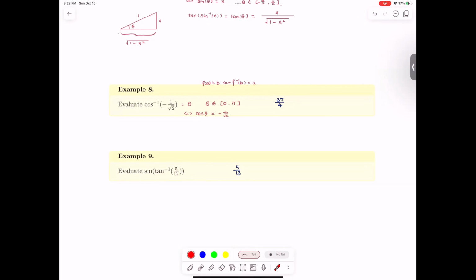So what theta can make cosine be negative 1 over square root of 2? Are we given the chart? No, we're not. You need to know it by heart. What is this? This is negative root 2 over 2. You don't know this?